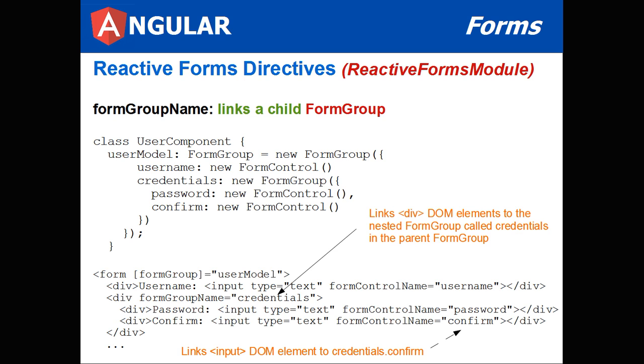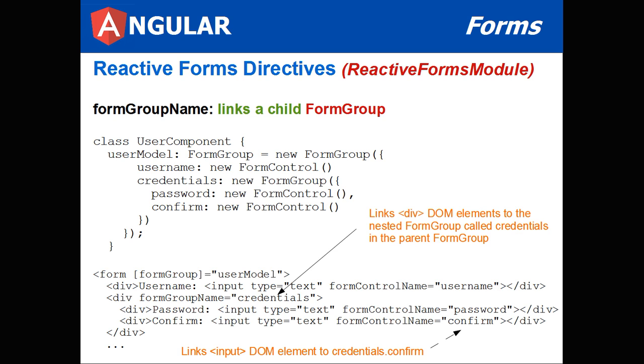But then I define something called credential, and basically what I do is I create an embedded form group inside that form group. Why? Because I want to categorize the password field and the confirm password field. So those are two form controls inside my credentials form group.